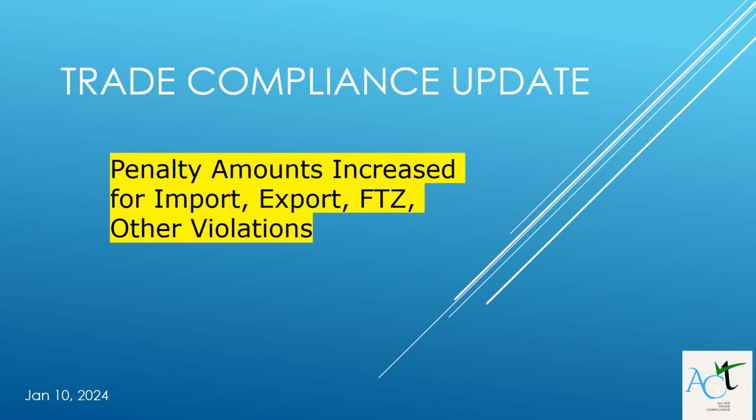The maximum which they applied to the seafood import and export violation increased from $193,890 to $200,174, which is a $6,284 difference.